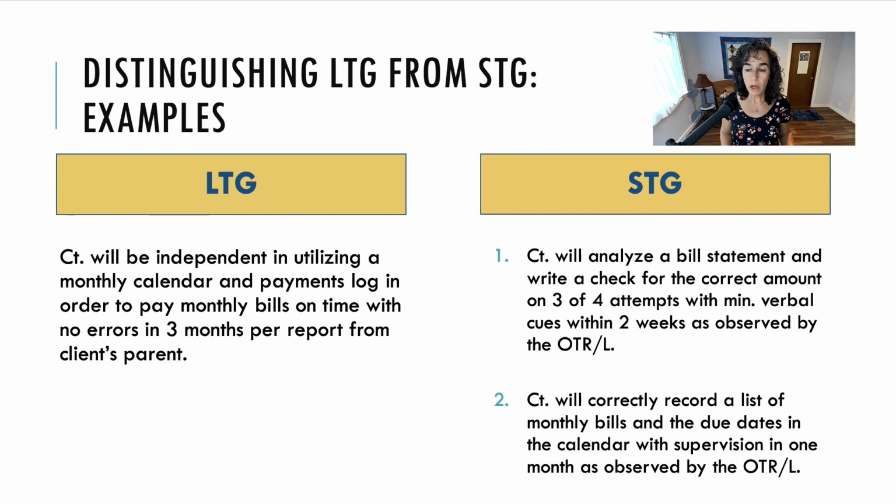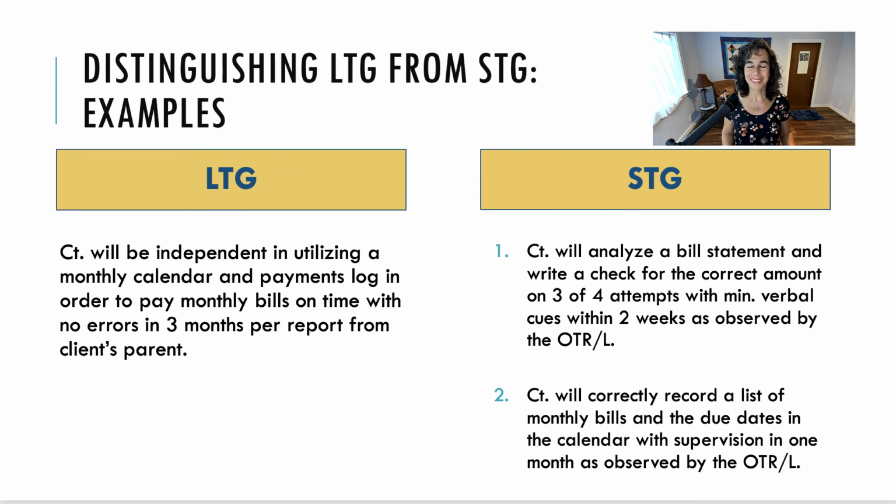And again, we have the level they're doing it, how much help they're getting, supervision, and the time frame, which is 1 month. So again, it's a shorter time period. It's actually probably going to take them a little longer to get to this step. So it's longer than the first short-term goal, but it's shorter than the long-term goal.